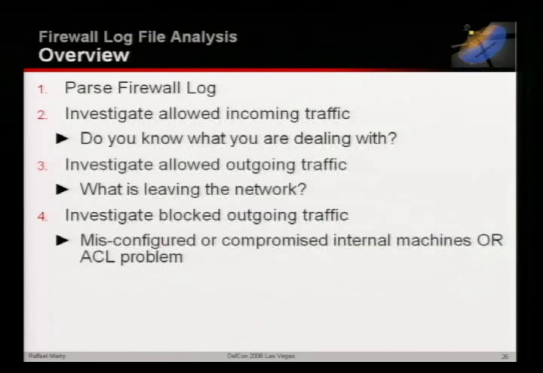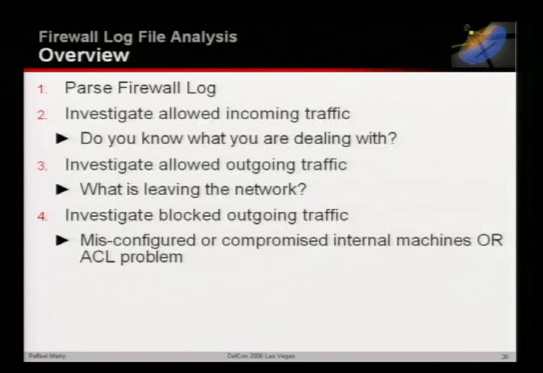Then I usually look at outgoing blocked traffic, and that tells me that either I have misconfigured machines, which are not configured according to my policy because they should not be trying to connect outbound if they're not allowed to, or maybe my firewall rule set is misconfigured and there's really a need for the service to communicate out.